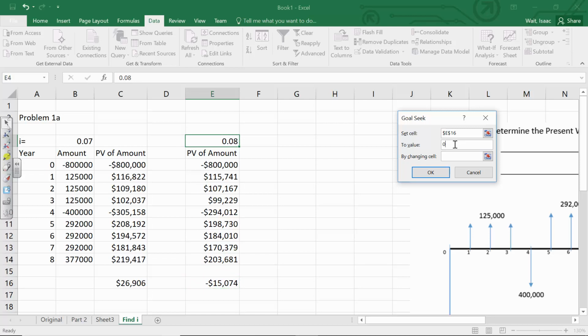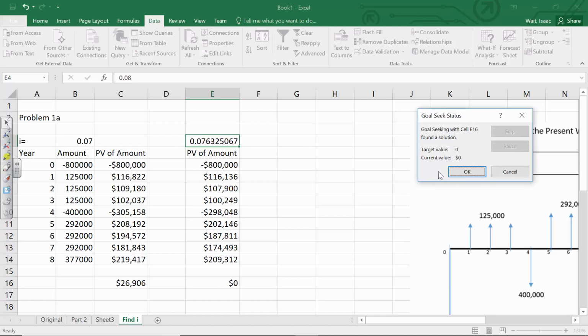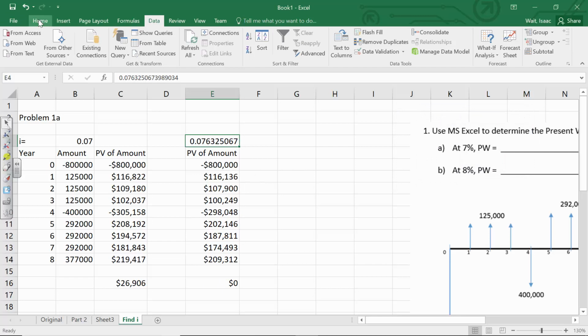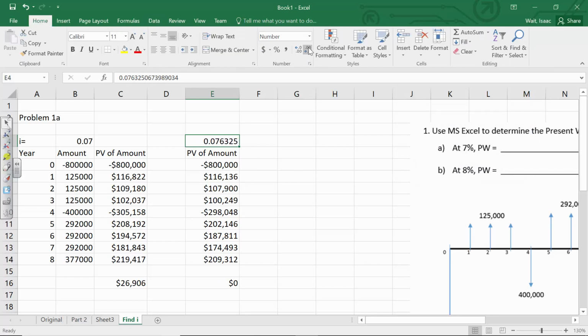That's the definition of equilibrium: inflow and outflow are equal, by changing... So we're giving it permission to monkey around with this interest rate. And so we say go, and in just a few moments it suggests that the internal rate of return is 7.63%. Anybody else get that same number, 7.63%?